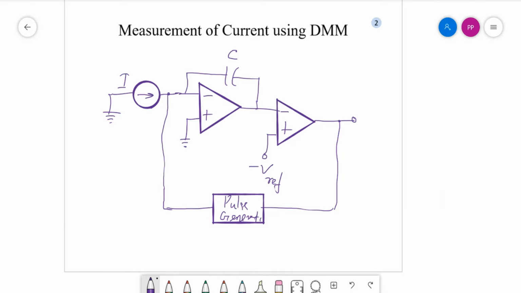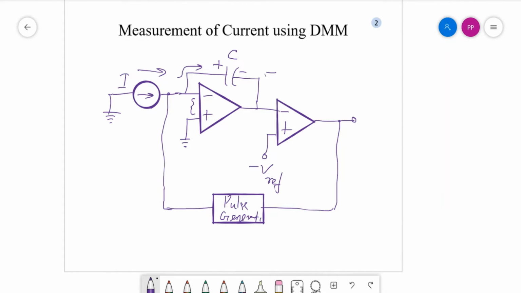As we have discussed earlier, this is how the integrator circuit works when the current flows in. This input is very high impedance, so the current will try to flow through this path. The use of the other path is different. Let us discuss it a little later. Initially when the current is flowing, the capacitor is charging like this.